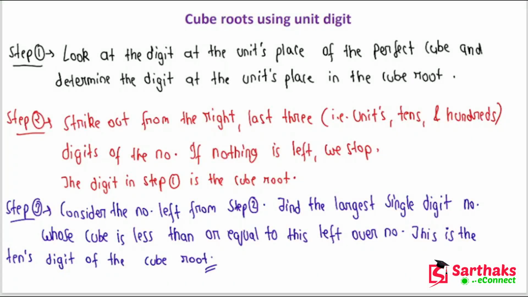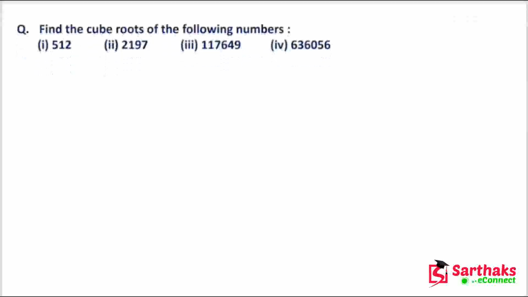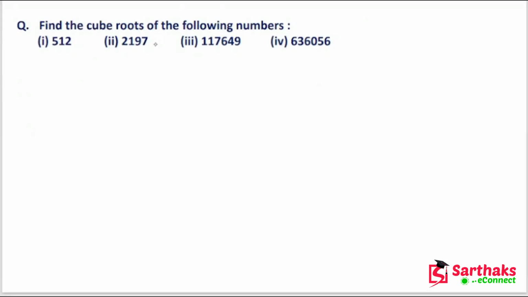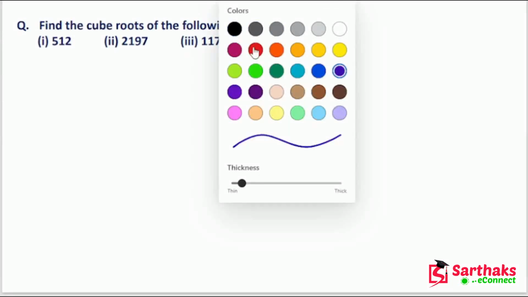So in this way, using this particular table and the units digit, we can calculate the cube root of a given number. Okay, let us solve a question to actually apply this method in practice. So let us find the cube roots of the following numbers using this approximation, or you can say tabular method.